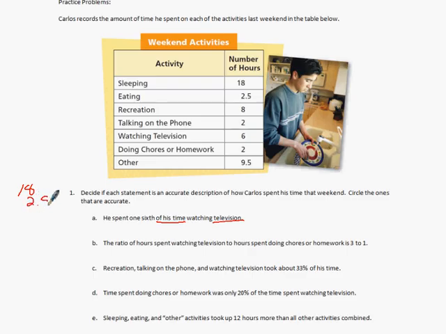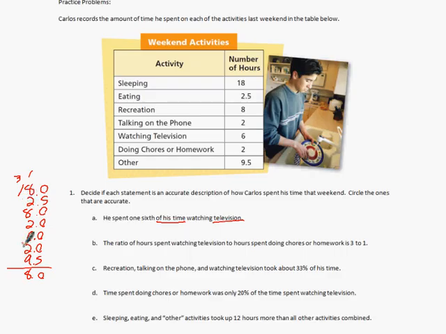18, 2.5. Now, notice I have a decimal in one, so I'm going to add decimals to all of them. 8.0, 2.0, 6.0, 2.0, 9.5. Add them all up. Carry the 1. 9, 10, 11, 19, 21, 27, 29, 38.